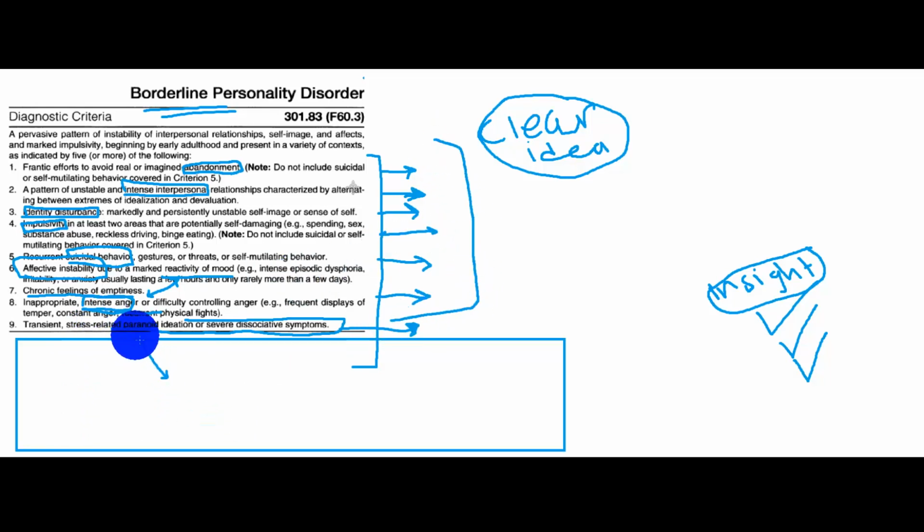Why? Because this is actually a disturbance in how you perceive reality. So this is more going down the line of schizophrenia than it is going down the line of having a simple disturbance of mood. So this might be the most severe symptom that you could get in borderline, and that's why it was important to include it, because you have to protect yourself as the one who's writing down the diagnostic manual.